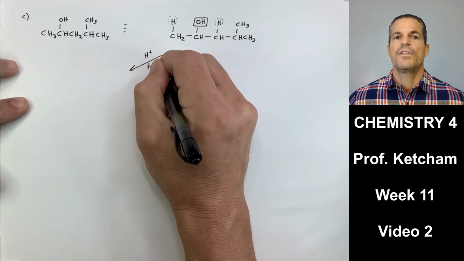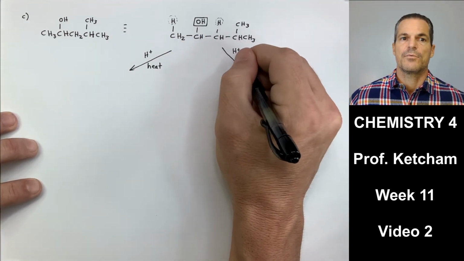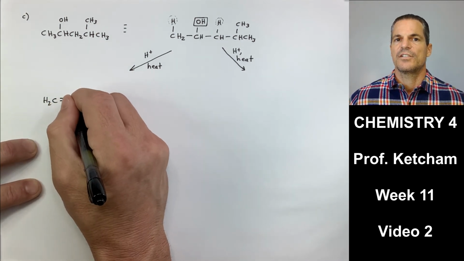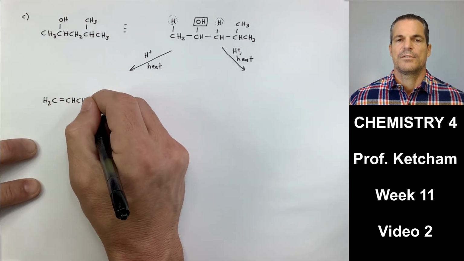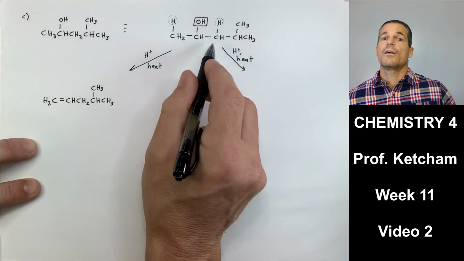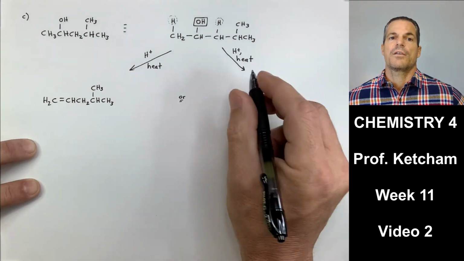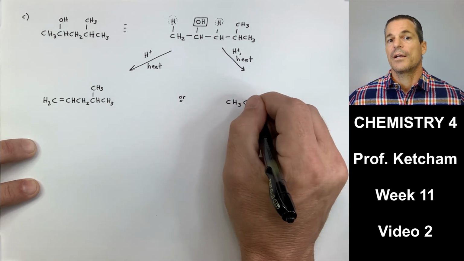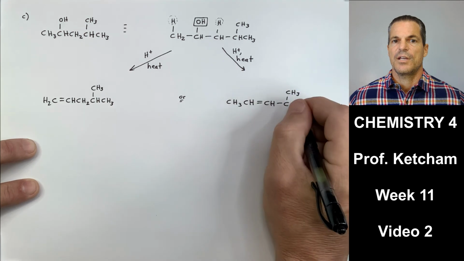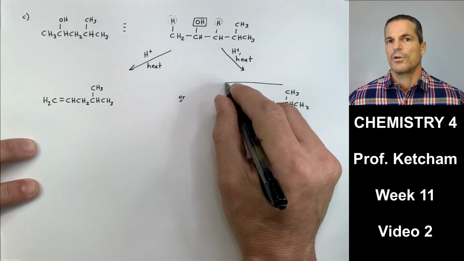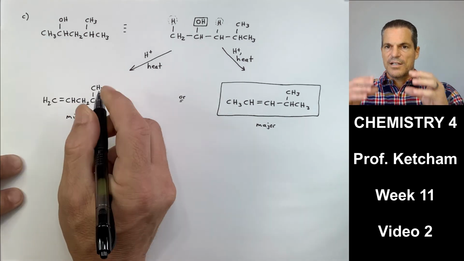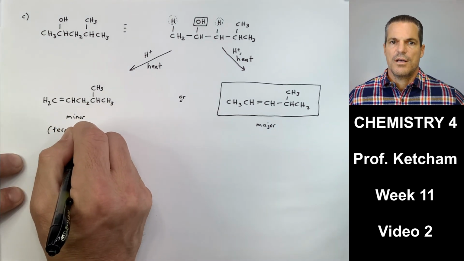So if I remove the hydrogen on the left, which is off of carbon 1, I get what's known as a terminal alkene. A terminal alkene is when the double bond is on the far end of the molecule. And for the product on the right, using H plus and heat to make a dehydration, this is called an internal alkene. An internal alkene is when the double bond is in the interior of the molecule.